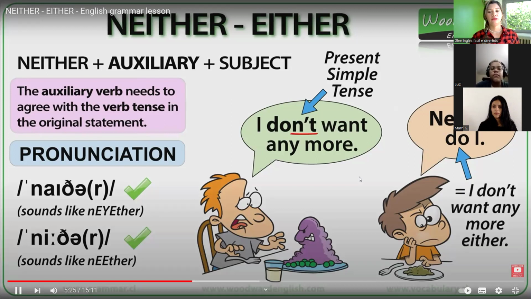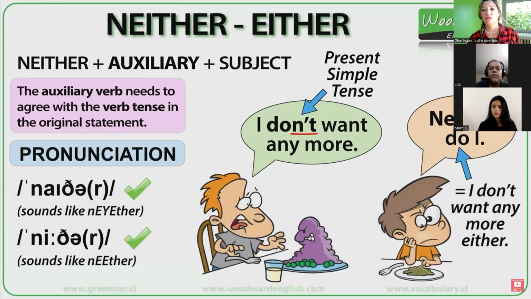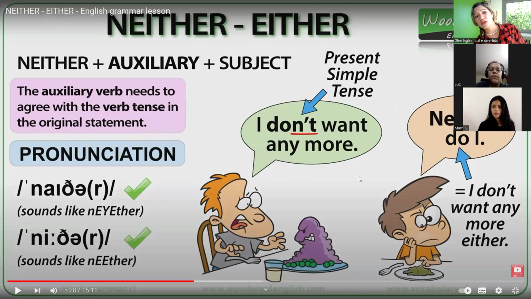Neither do I means I don't want any more either. Você tem duas opções de falar eu também não quero mais, né? Alguém falou para você, não quero isso mais. I don't want anymore. Aí você fala neither do I, simples, pequeno e curto, ou você pode falar I don't want anymore either. Ok? Então, essas duas opções aqui, neither do I ou I don't want anymore either.